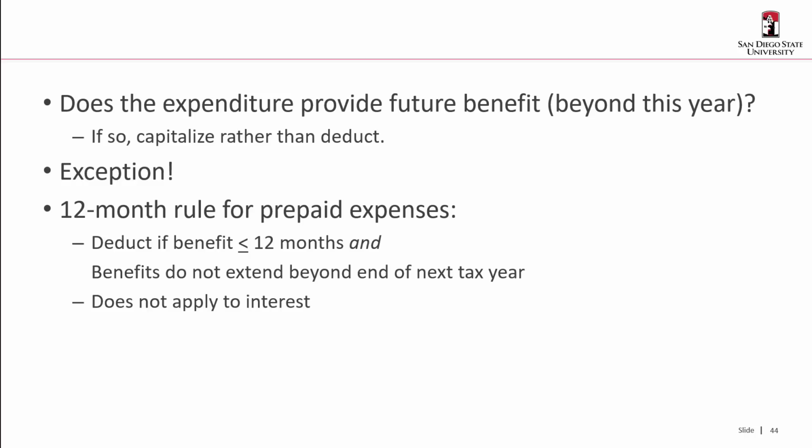It says you may deduct that cost immediately if the benefit is expected to last equal to or less than 12 months, and the benefits do not extend beyond the end of the following tax year. And the 12-month rule simply does not apply to interest expense. So if you prepay interest expense, you cannot apply the 12-month rule. So let's see the 12-month rule in action for a second, knowing that the two rules are less than or equal to 12 months and not beyond the end of the following tax year.